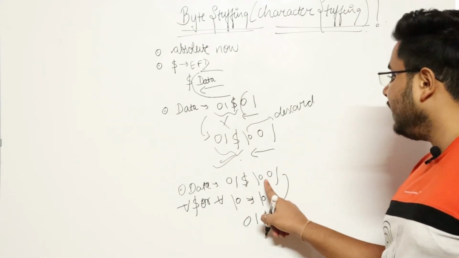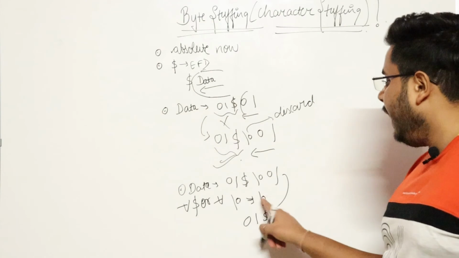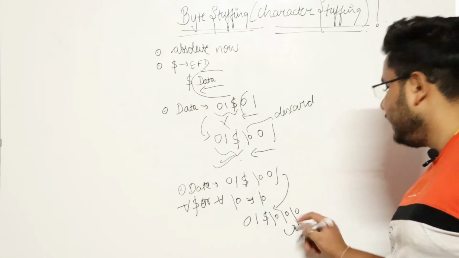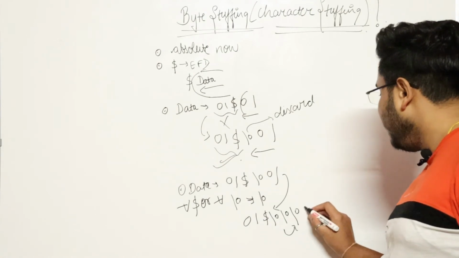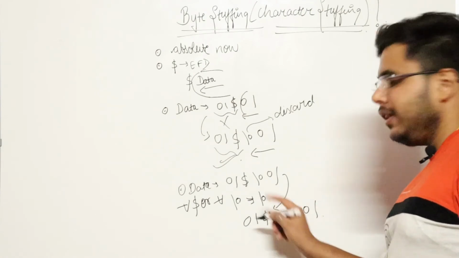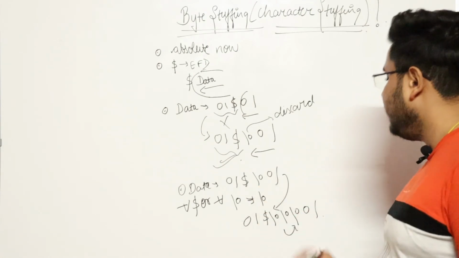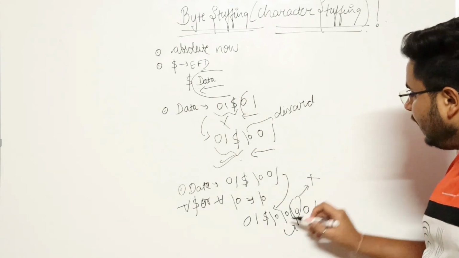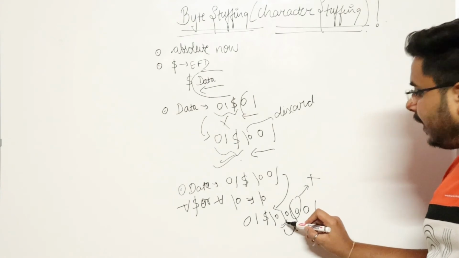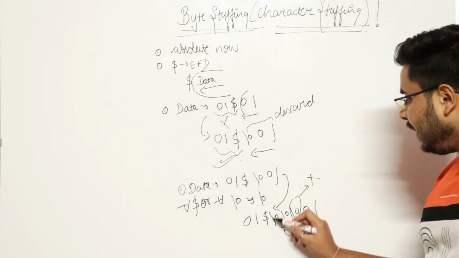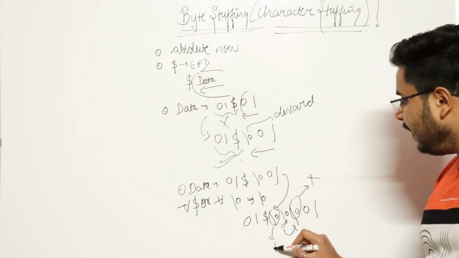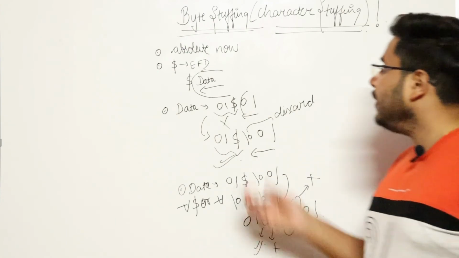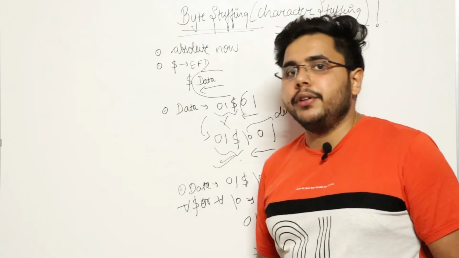And again there is a null, so for all null add a null, so for this null I add this null. Then it will be 0 1. When the reader reads this data, it will discard this null and treat this particular null as data, and then this null will be discarded and the dollar will be treated as data. In this way these kinds of things have been introduced.